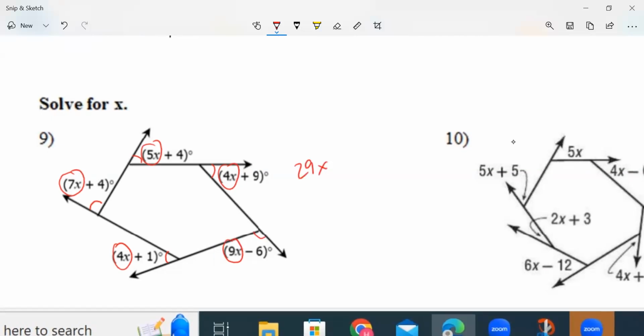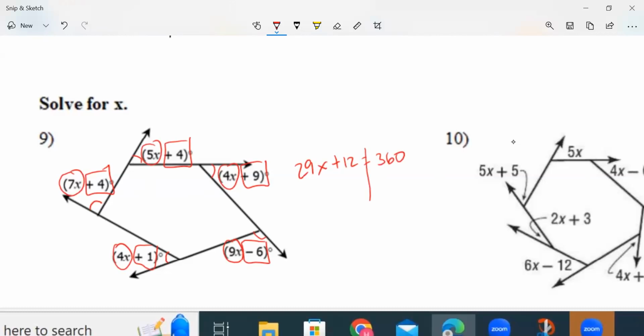Then let me combine those that don't have an x. So I see a positive 4 plus 9 minus 6 plus 1, and that happens to give me 12. And I know all of this is equal to 360 because the angles on the outside always add up to 360.